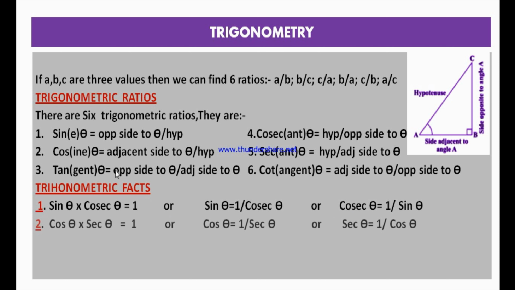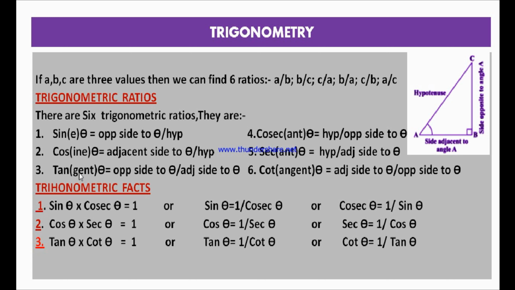Similarly, cos theta and secant theta are reciprocal to each other. Therefore, cos theta into secant theta is equal to 1, or cos theta is equal to 1 by secant theta, or secant theta is equal to 1 by cos theta. Similarly, the third one, tan theta and cot theta are reciprocal to each other.